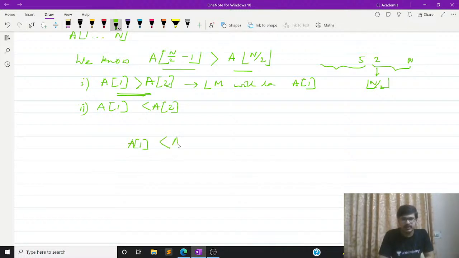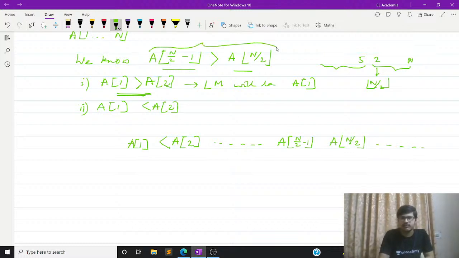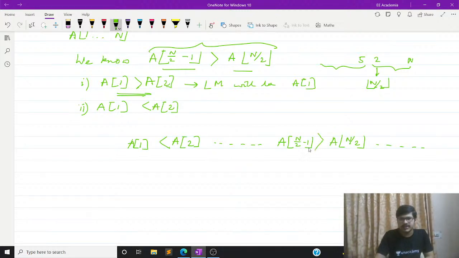A1 less than A2, and you have got some elements here, and ultimately you have got an element like A of n by 2 minus 1 and A of n by 2, and again elements follow, and we are given that this case is satisfied now. So this is greater than this.